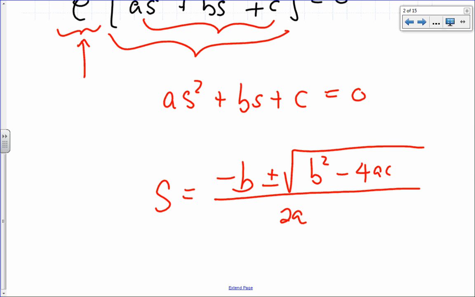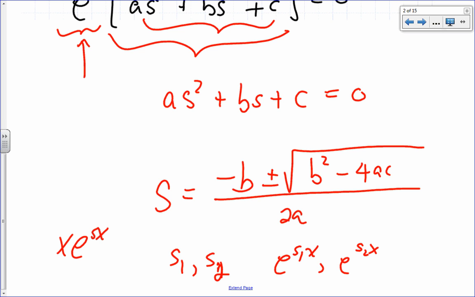So there are two possible s values, unless it's a perfect square, in which case there's only one s value. And what you'll find in that case is that x times e to the sx is also a solution. But in this case, you're going to have two possible values of s. Let's call them s1 and s2. Then the two solutions are e to the s1x and e to the s2x.